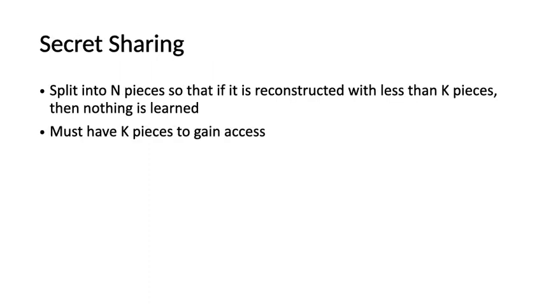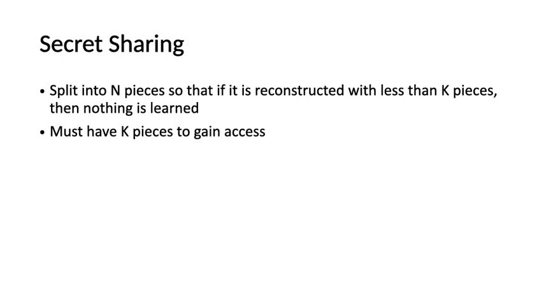The first thing to talk about is secret sharing. It's basically splitting it into shares. You take this information and split it into a certain amount of pieces so that if it's reconstructed with less than X amount of pieces, then nothing is learned.